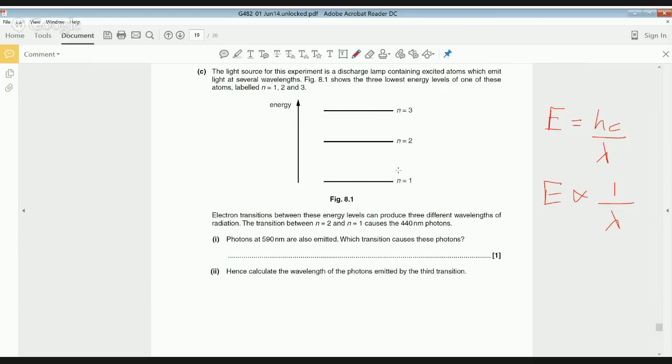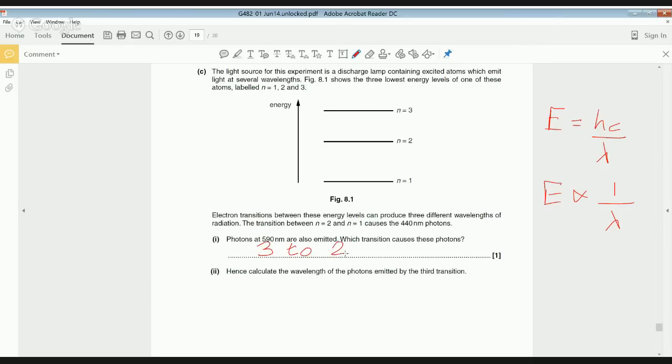So we know that between n2 and n1, this gap here, we have 440 nanometer photons. So if we want a gap of 590 nanometers, there's only 2 possible other routes, n3 to n2 or n3 to n1. It can't be the largest of those because a 590 nanometer photon has less energy than a 440 nanometer photon. So it must be the smaller gap here, which is from n3 to n2.